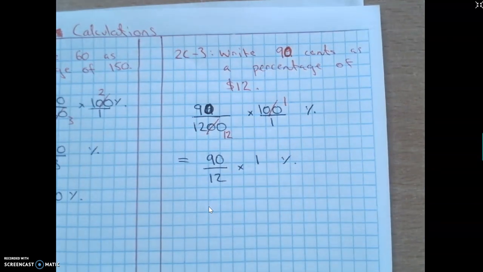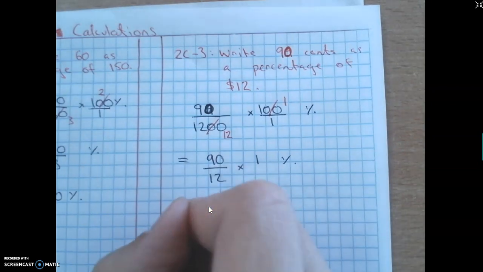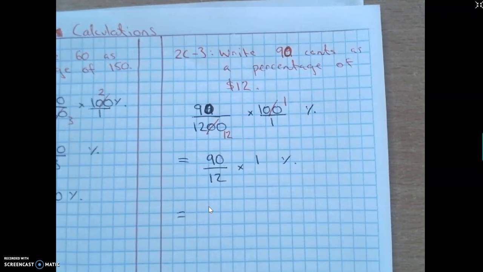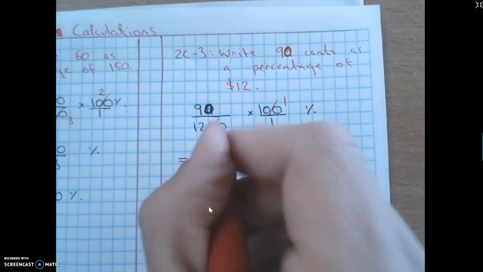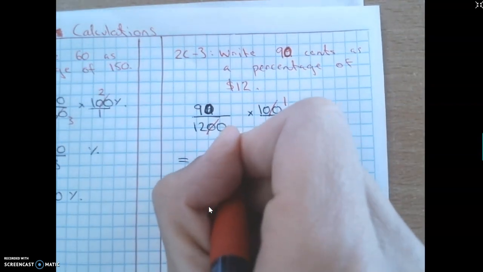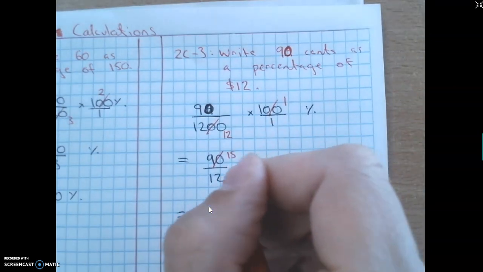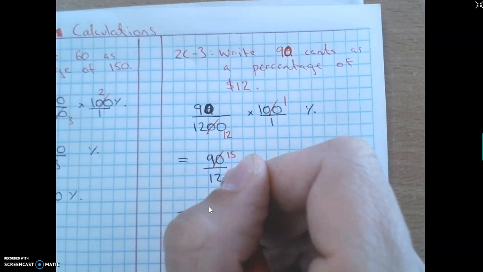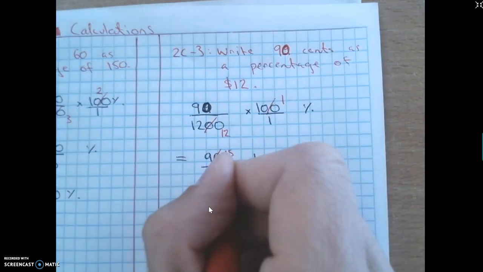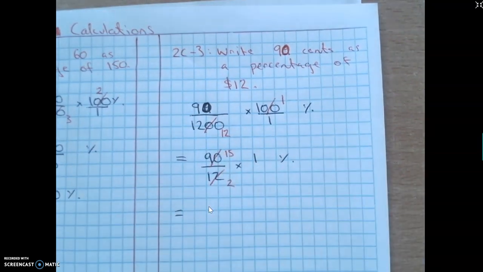Since 1 over 1 is just 1. And then if we divide top and bottom by 6, what's 90 divided by 6? 15. And if I divide 12 by 6, that becomes 2.